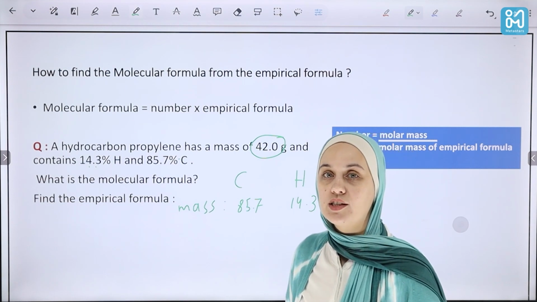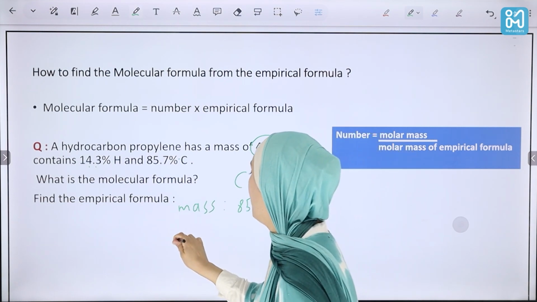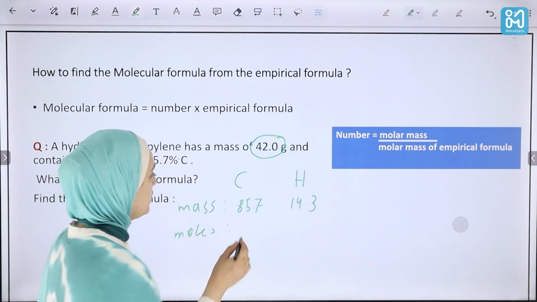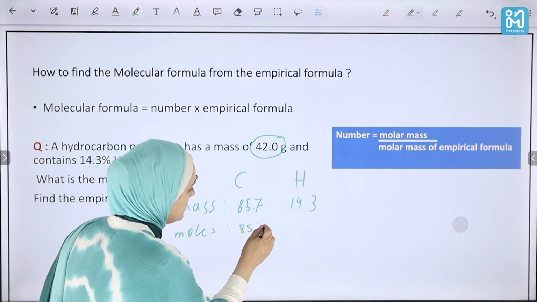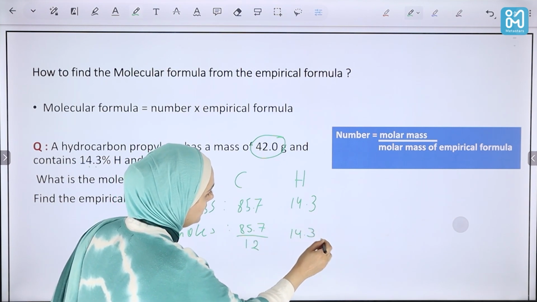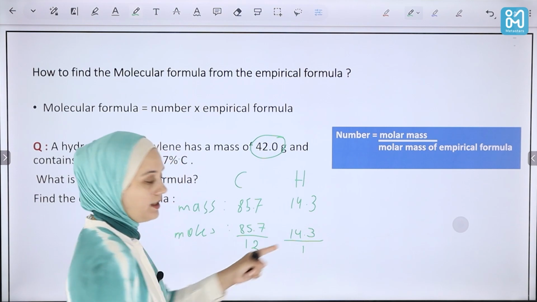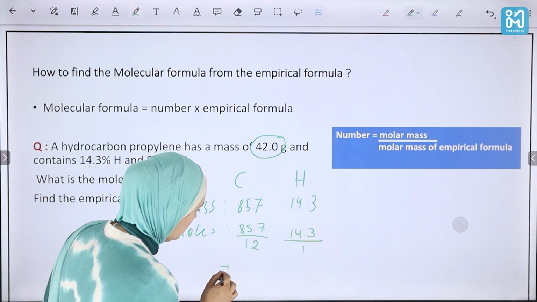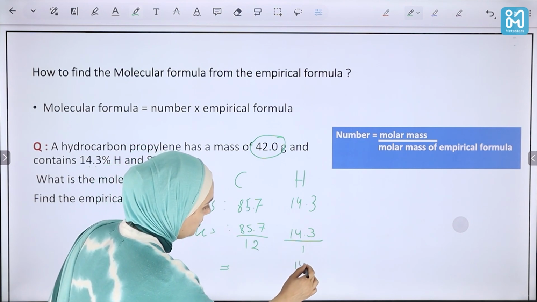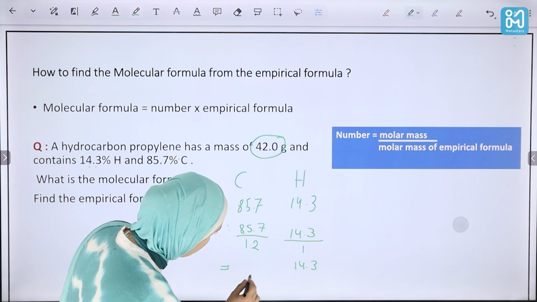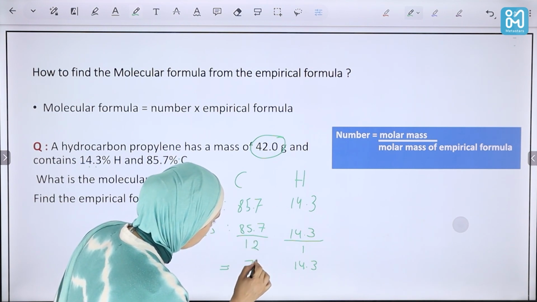Next, what do I have to find? Moles. How can I find moles? 85.7 divided by 12, and 14.3 divided by 1, the molar mass of hydrogen. So the answer here is 14.3 because it's divided by 1, and here it's about 7.